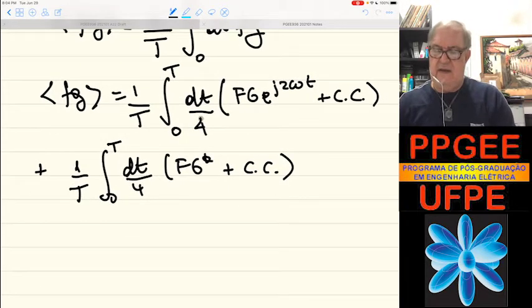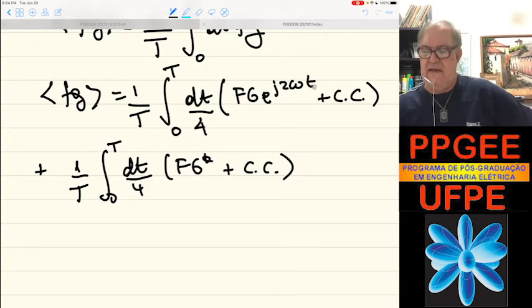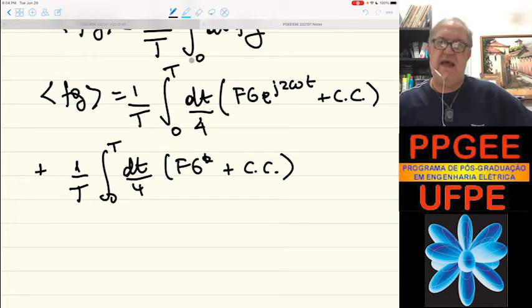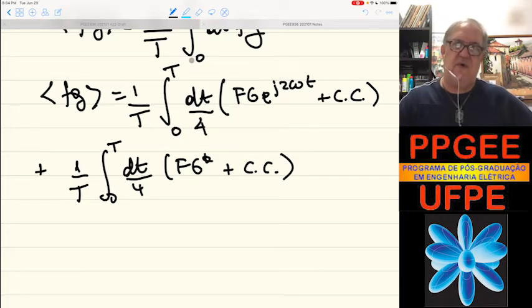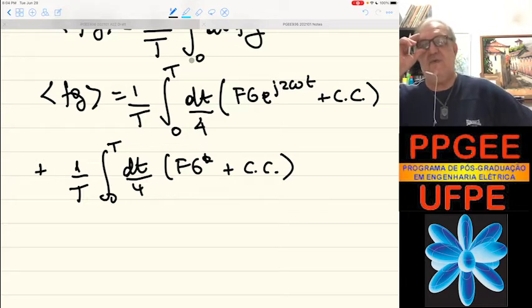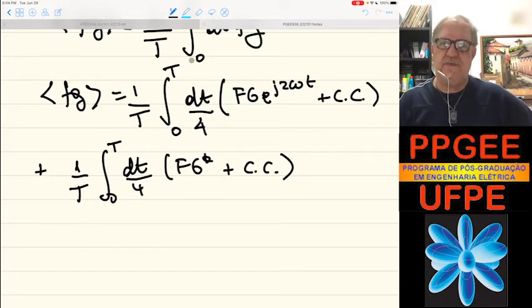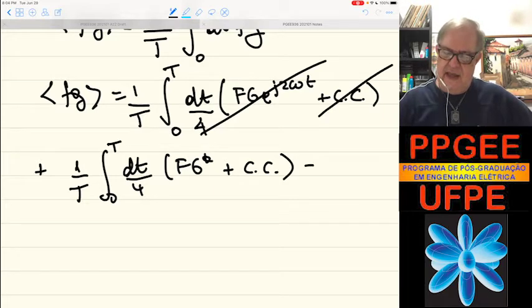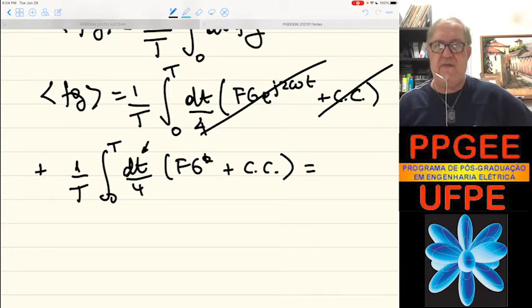right? Well, the integral of the exponential of j 2 omega t over a period is always 0, because the average value of cosine of 2 omega t or sine 2 omega t is equal to 0, right? So this is going to be 0. And here we have the integral of dt equals the period.